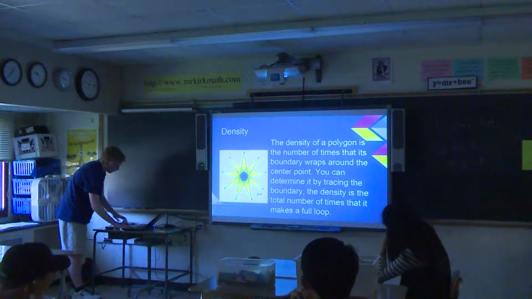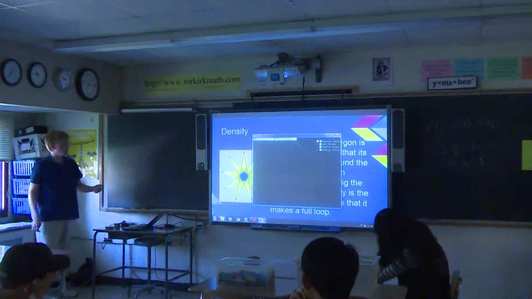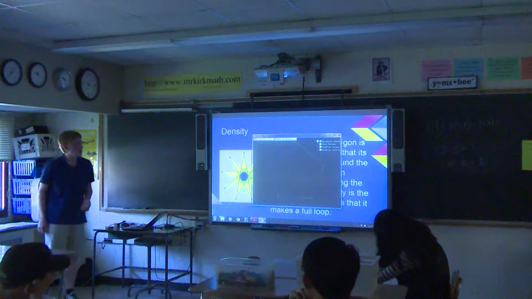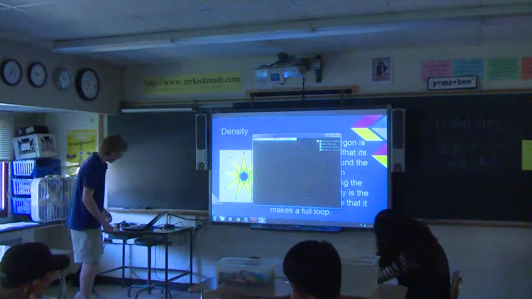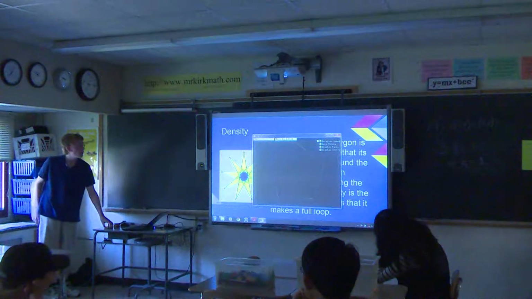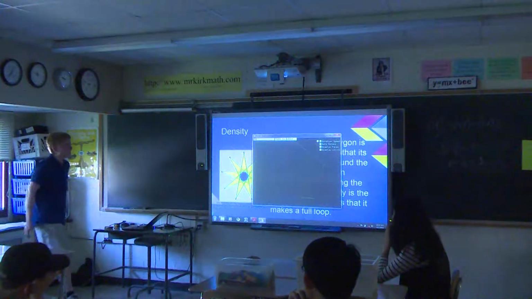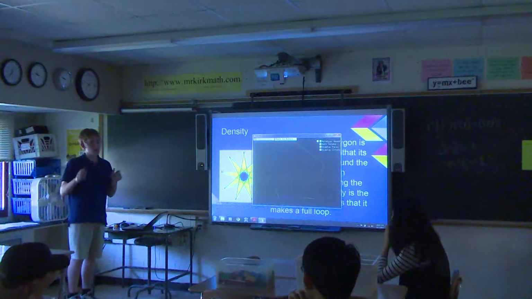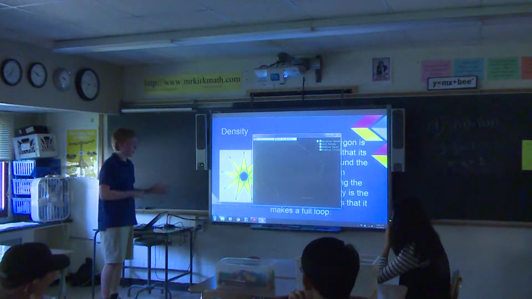And so the density of all regular convex ones, like the pentagon here, is just 1. For people who may not know, you say that something is convex if you cannot pick any 2 points inside the figure such that the line connecting those 2 points goes outside of the figure.